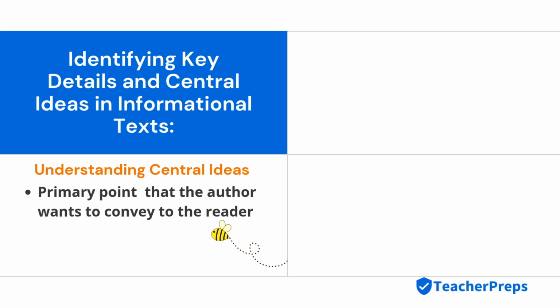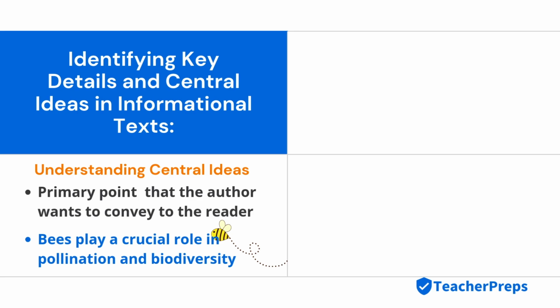For an article about the importance of bees in an ecosystem, for example, the central idea could be that bees play a crucial role in pollination and biodiversity, and their decline could have severe consequences for global food supplies.